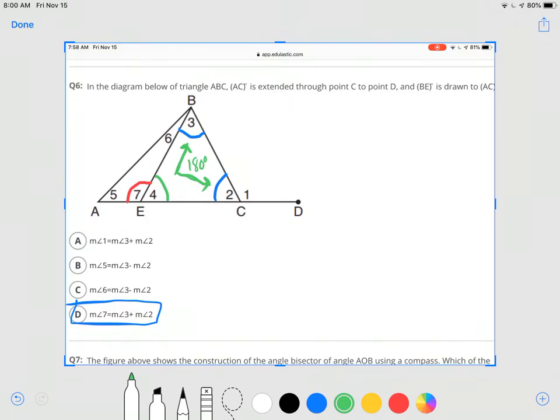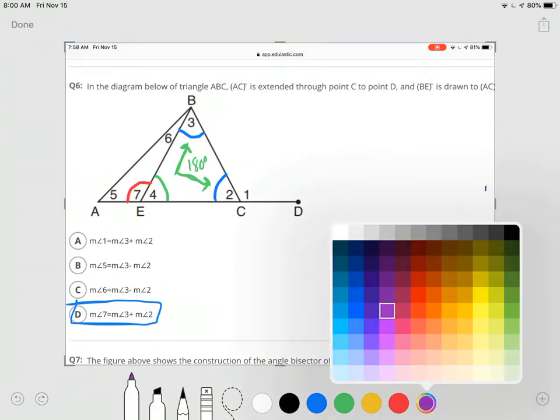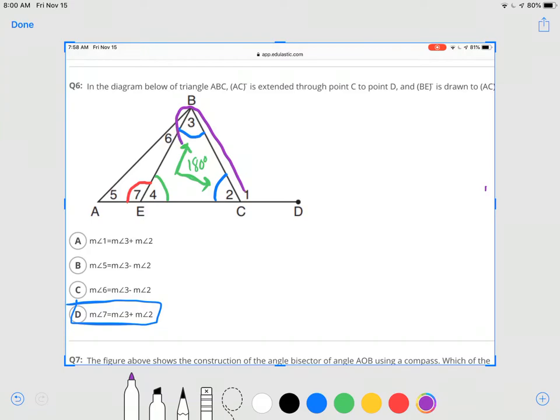On the other hand, angle 4 is also supplementary with angle 7. The reason is that if you take the two combined, angle 4 and angle 7, they form a straight angle. So we've got this angle 4 that is supplementary with this pair that I'm circling in purple, but it's also supplementary with angle 7.